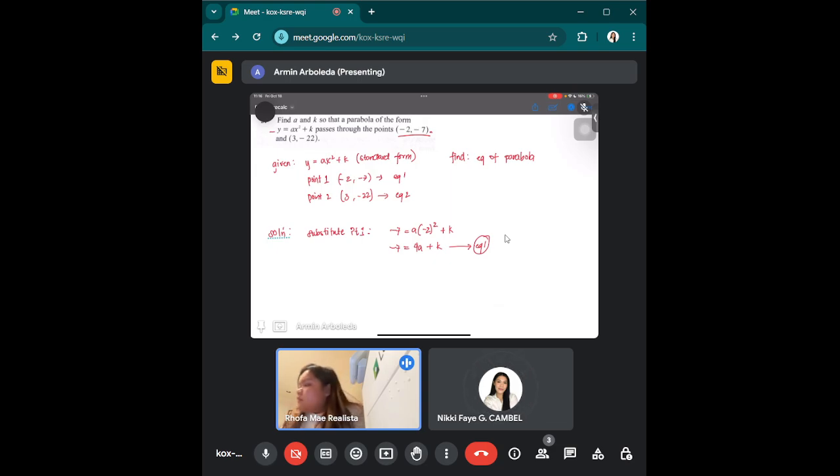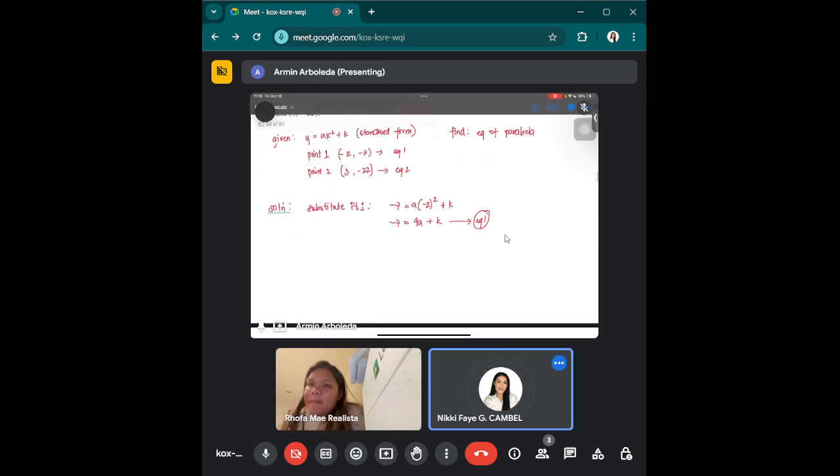Then we have to find our second equation. Substitute point 2 this time. We have negative 22 equals a times 3 squared plus k. Simplify: 9a plus k.